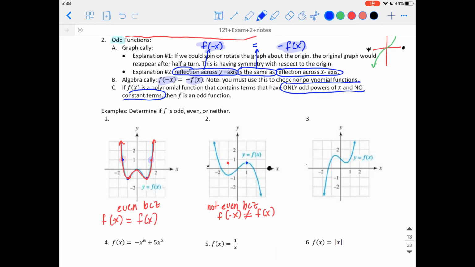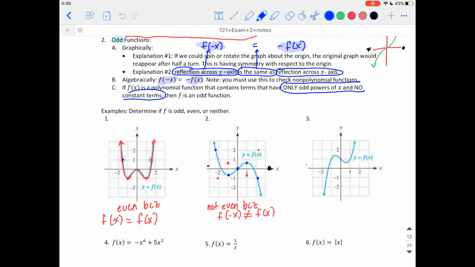If I were to do this point here, and I were to reflect it across the y-axis, it would end up right here. If I were to do this point here and reflect it across the y-axis, it would end up right here. If I were to reflect this point across the y-axis, it would end up right here.